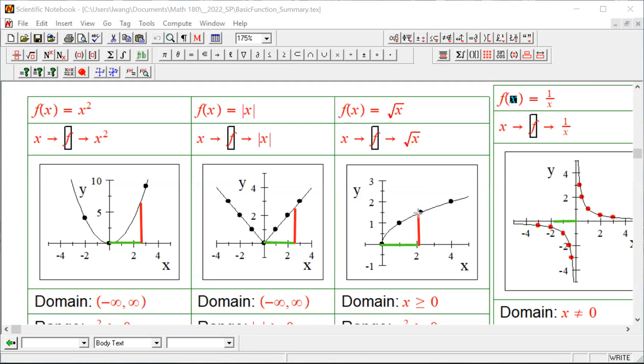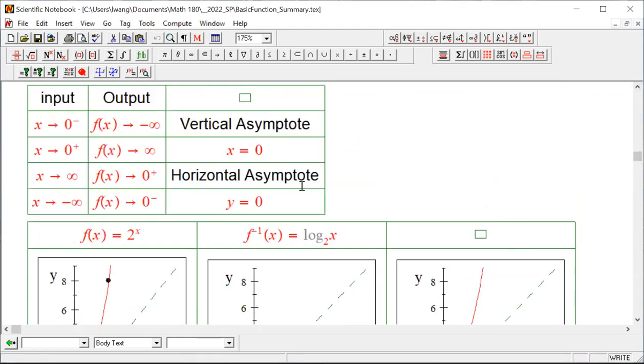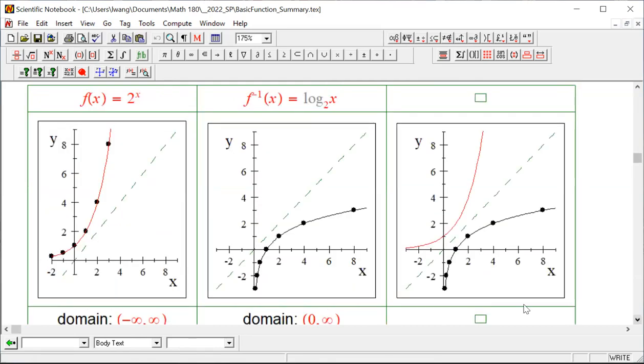The only thing that's different is the rules are different. Input, output, visual, algebraic. And after this part, we continued to study extreme cases like horizontal asymptote and vertical asymptote. Here, we're not going into those details. Make sure you go watch those lectures where we did it.